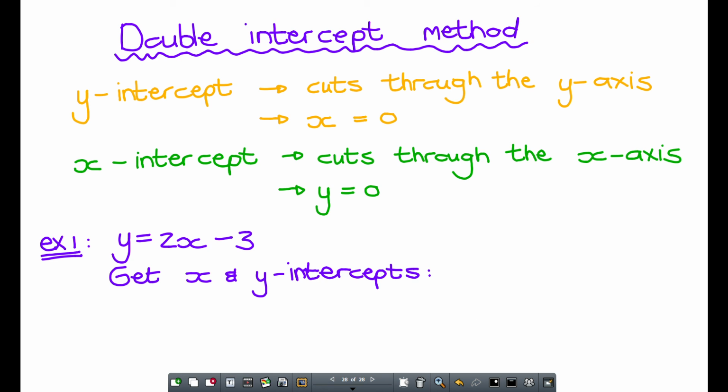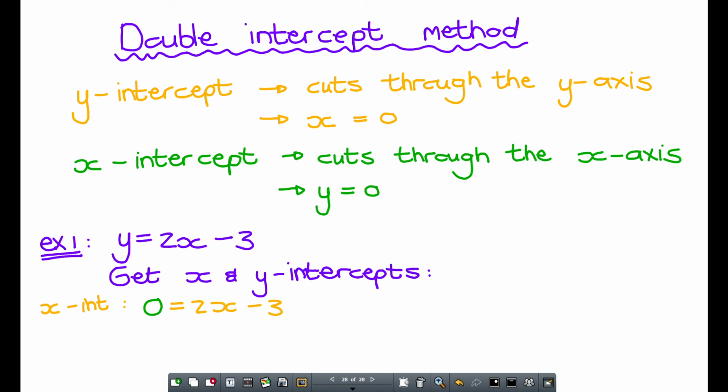Okay, right. So, to get the x-intercept, and I'm just going to say x-int, I know I must make y equal to 0. So, instead of saying, don't write this down because I'm going to delete one, y is equal to 2x minus 3, instead of y, I'm going to say 0 is equal to 2x minus 3.